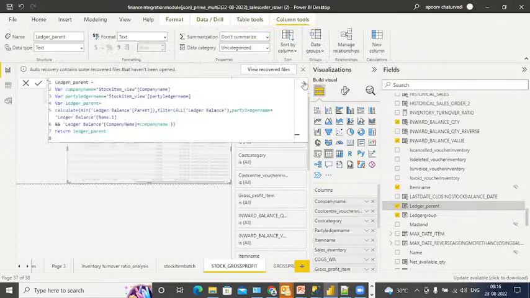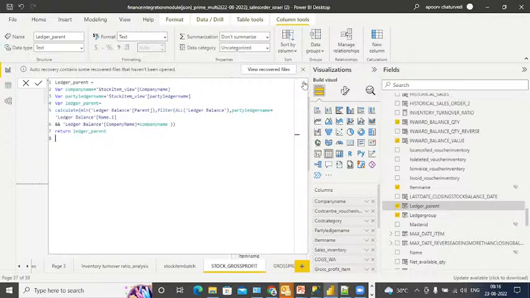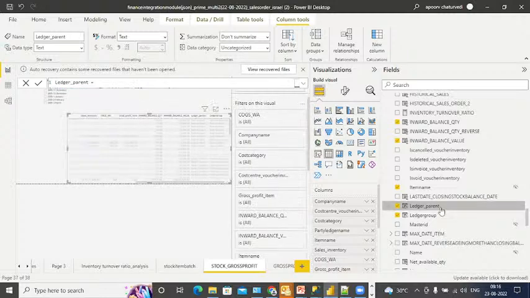So then you can actually calculate, okay fine, what is going to be my channel profitability, because normally a party ledger name will have that parent would be the ledger, so that can be configured.